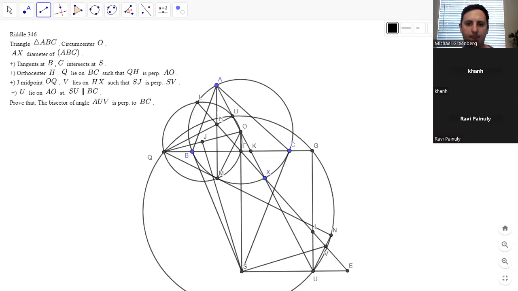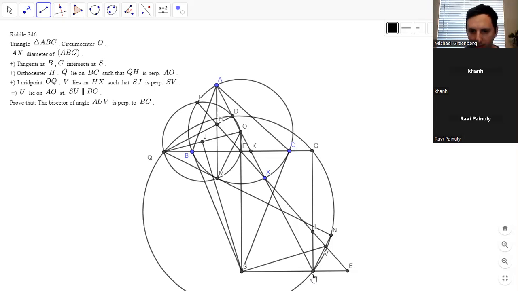UV is defined in a tricky way. So what if we project through U onto this circle? Yeah, I like that actually.